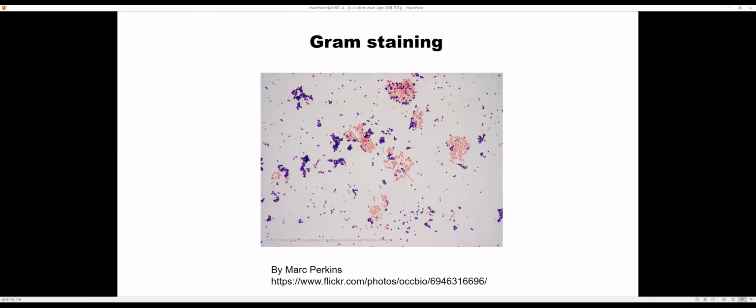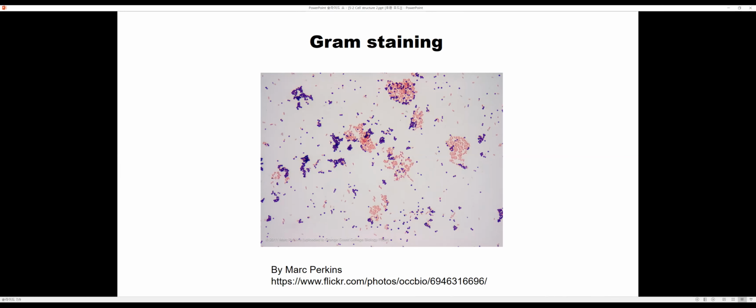This staining reagent is not an antibody, it is chemicals. He used some mixtures of colorful chemicals, stained the bacteria, and made at least two classes, gram-positive bacteria and gram-negative bacteria.